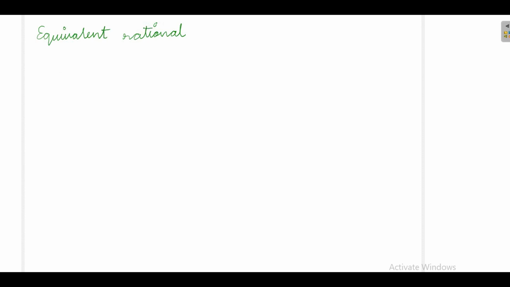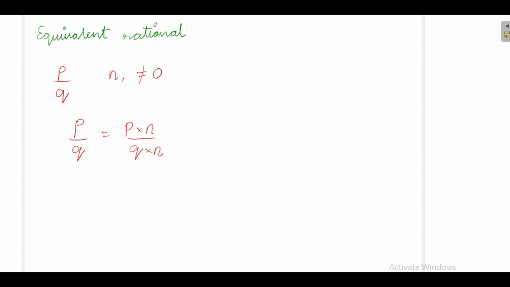So if p by q is a rational number, then for any non-zero number n, p by q is equal to p into n by q into n. Okay, so we'll see an example of this.